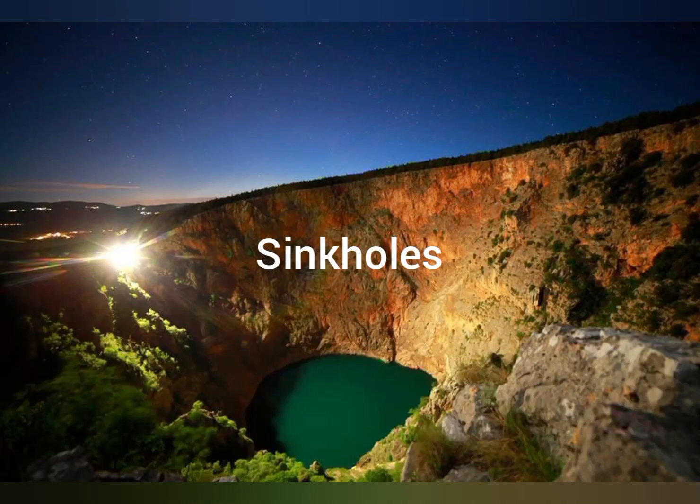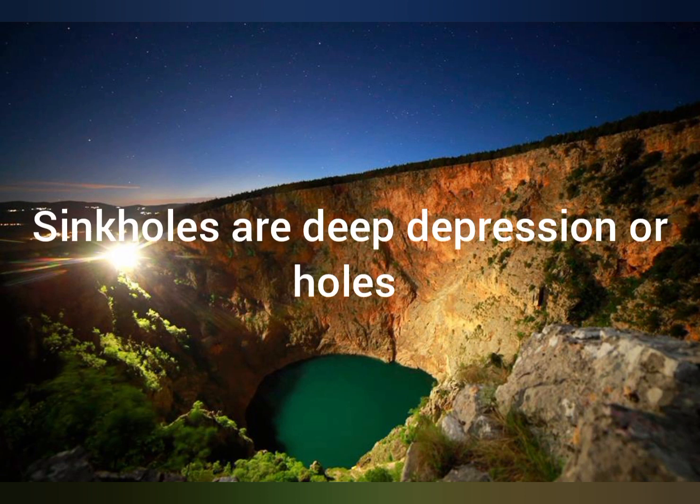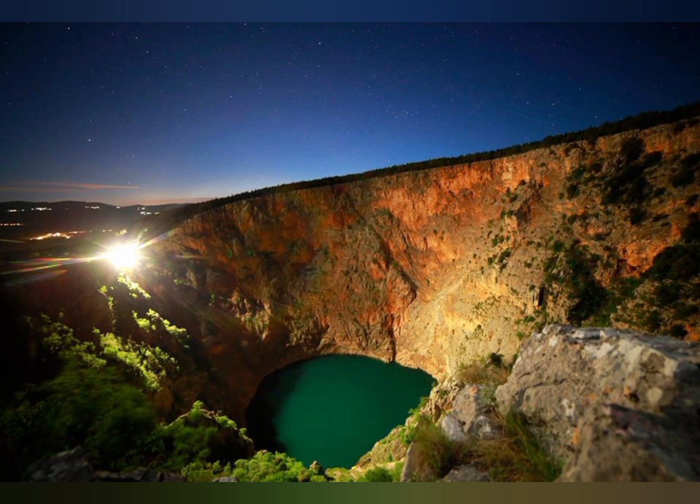So, in a karst region, or a region which has abundant limestone rocks, there are numerous circular pits called sinkholes, which are due to the erosive work of water. Sinkholes are very deep depressions which are caused because of the collapse of the ground surface.